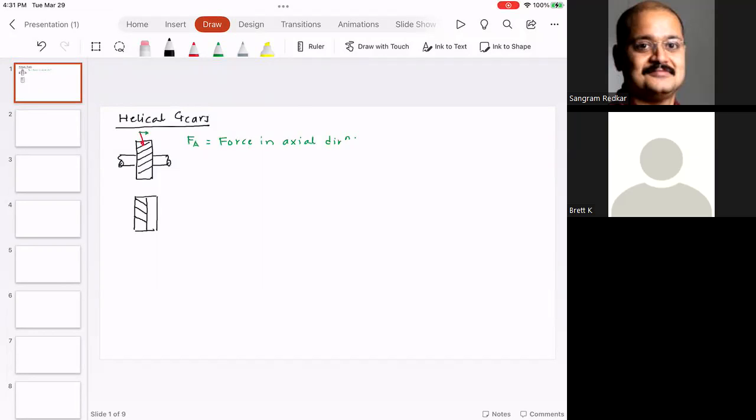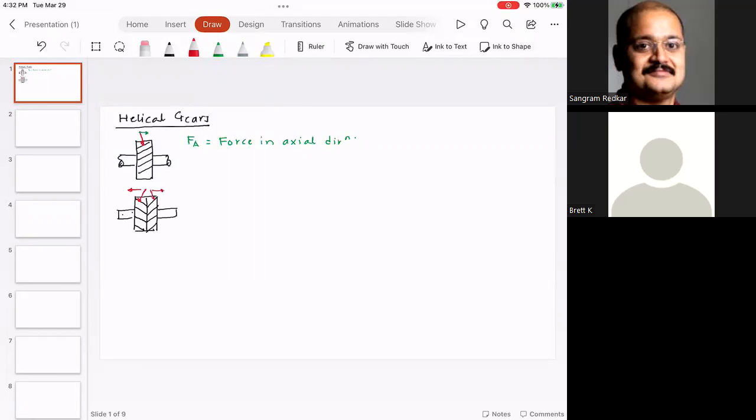So you have the gear left side like this, right side like this. And the advantage of herringbone gear or double helical gear is the thrust. One gear will have axial thrust going towards left, and the other gear would have axial thrust going towards right.